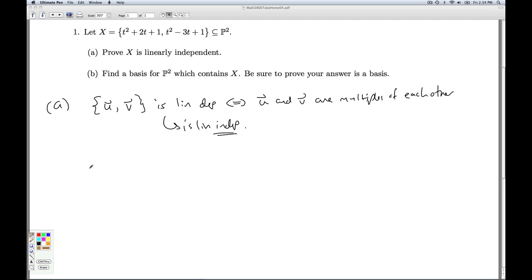So let's look at this polynomial, t squared plus 2t plus 1, compared to t squared minus 3t plus 1. Well, they're clearly not multiples of each other, because the multiple would have to be 1 to get the leading term and the constant term to work out, but that doesn't make the middle term work out.